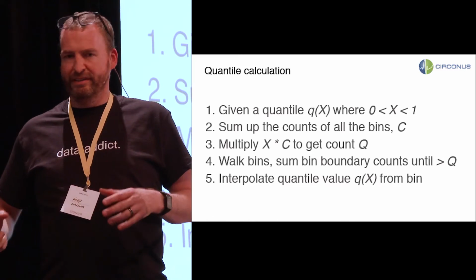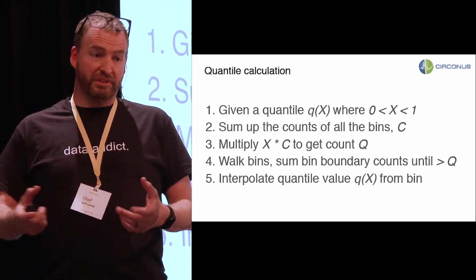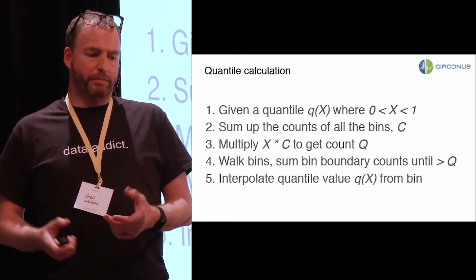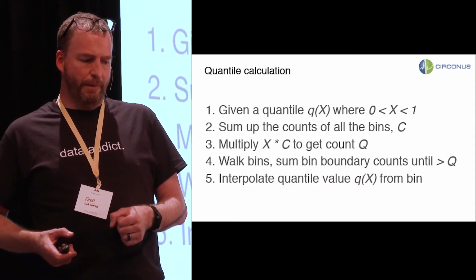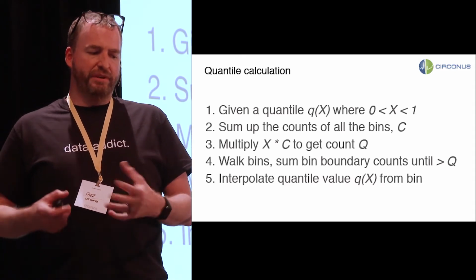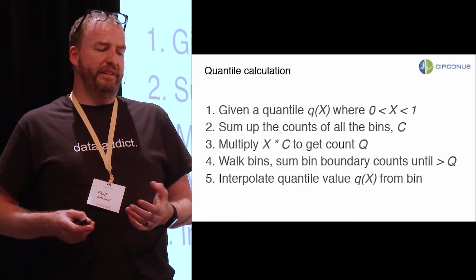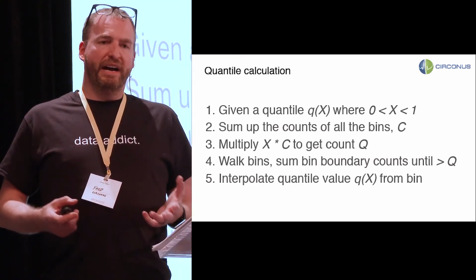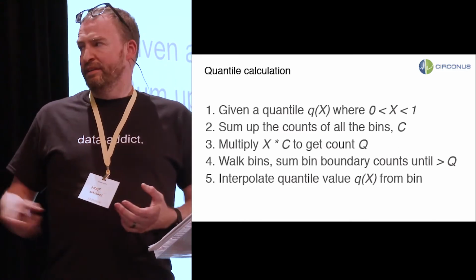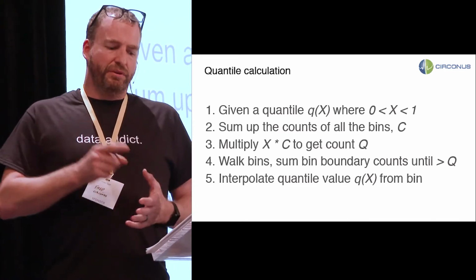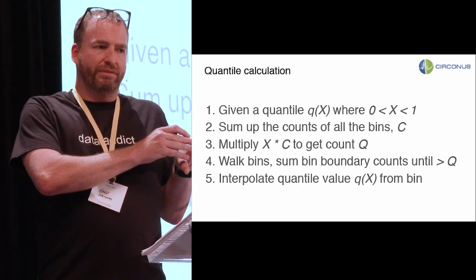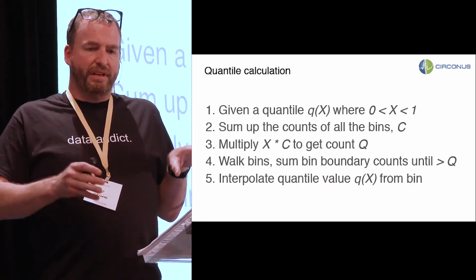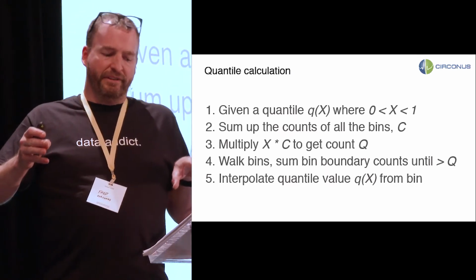I think that may be why Google's using it with Monarch. You can get a little bit of optimization there. And then once you have that count, if I want the median, the 50th percentile, I would multiply 0.5 times that count to get what I'm calling Q. Q is basically that count in the histogram where I want to find the corresponding value.